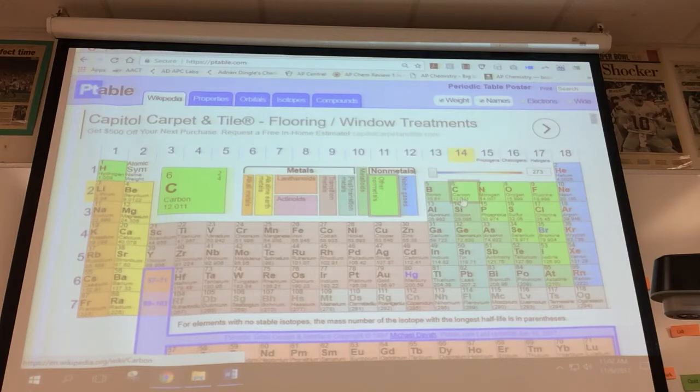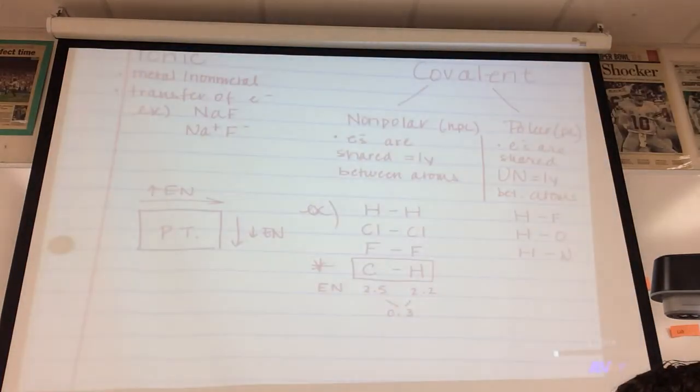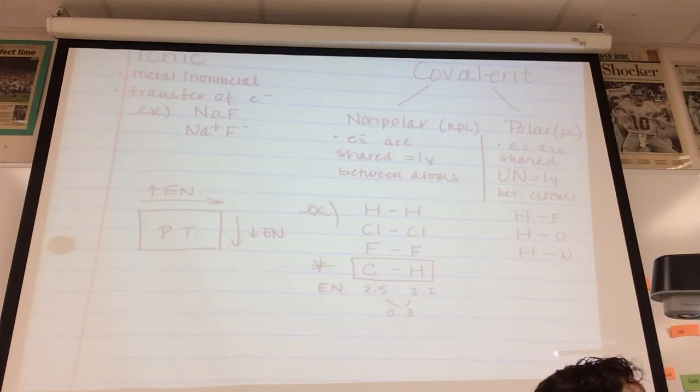C to F, because fluorine's the most electronegative element. If you had H to N, H to O, H to F, which is the least polar? Right, that's what you want to be able to do. And like I said, C to H being nonpolar will be critically important. And I showed you how to depict those polar bonds.